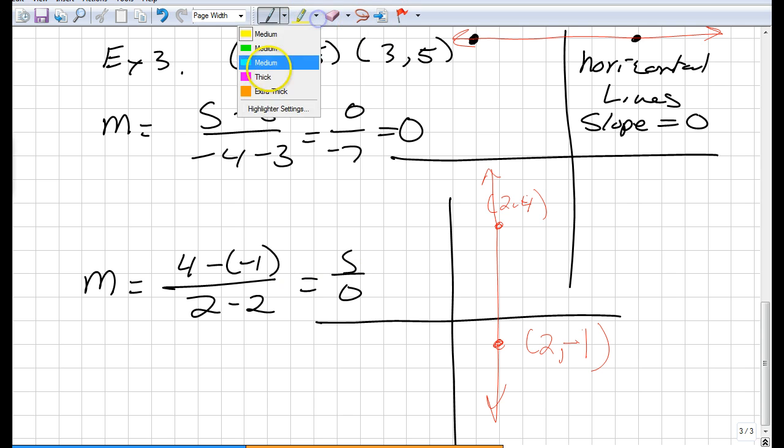And remember, we can never, ever have 0 in the denominator. So for a vertical line, the slope is undefined.